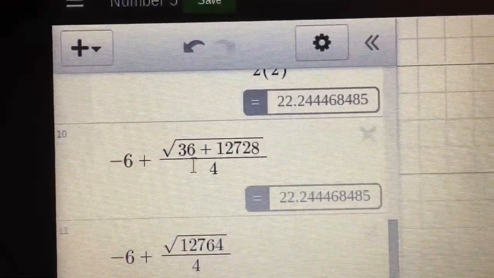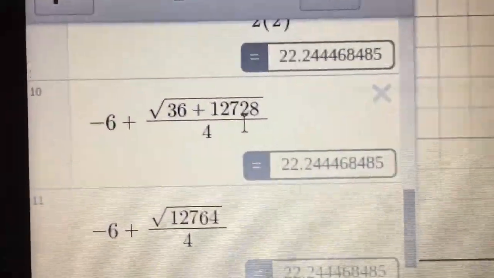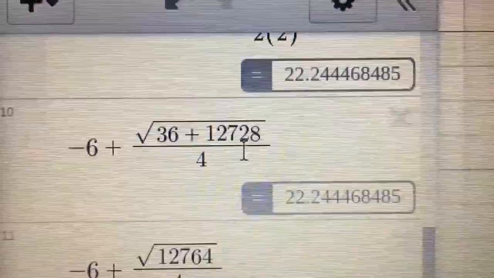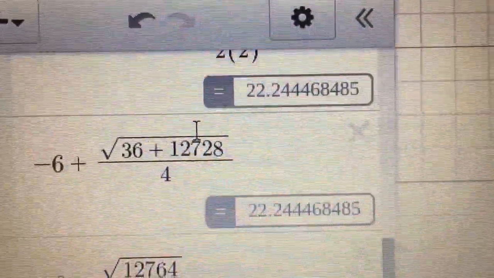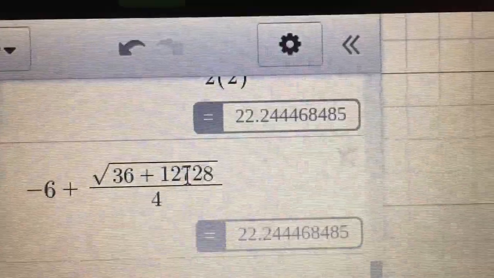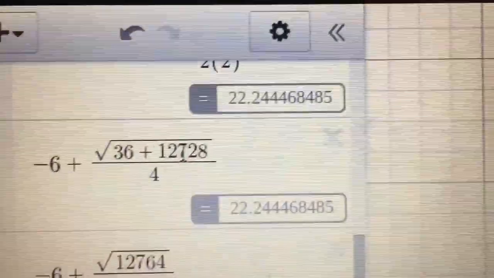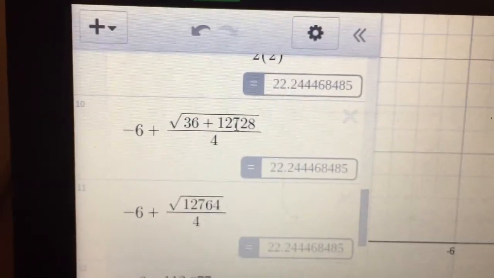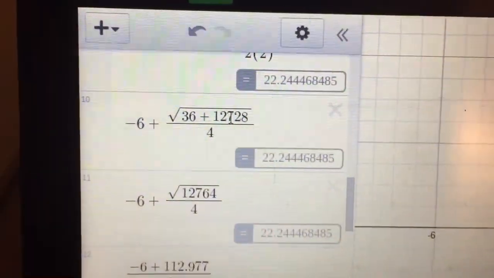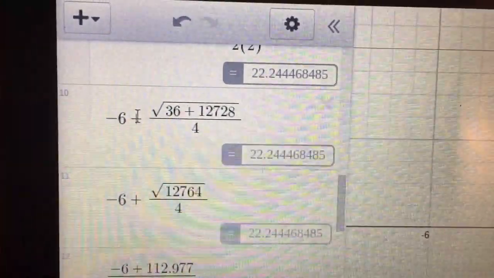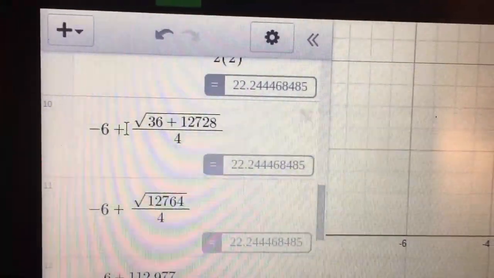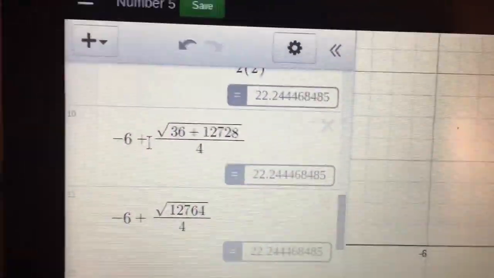We would get negative 6 plus or minus the square root of 36 plus 12,728, over 4. The only reason I didn't put plus or minus is because I don't know how to do the symbol, so forgive me for that.